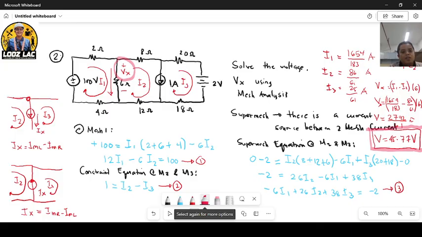Negative 6, 0, 100. 0, 1, negative 1, 1.